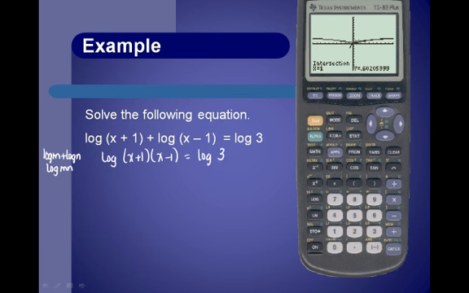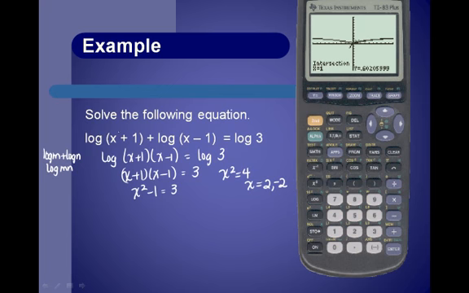Well, if that's the case, because we've got a log on both sides, we could just say for these to be equal, (x+1) times (x-1) has got to be equal to 3. Well, that would give us x squared minus 1 is equal to 3. Add 1, so x squared is equal to 4. So x is equal to 2 or negative 2.